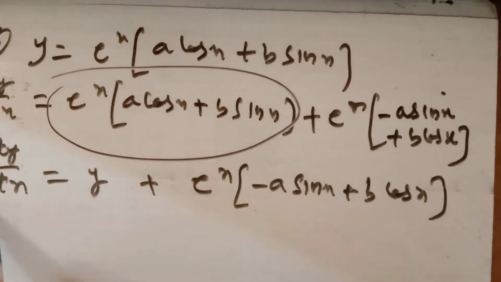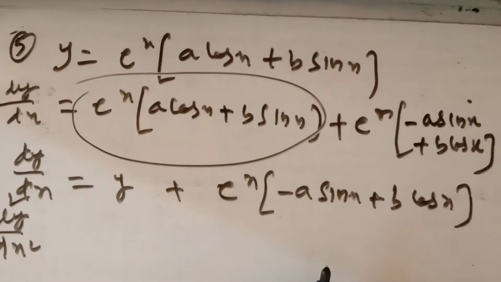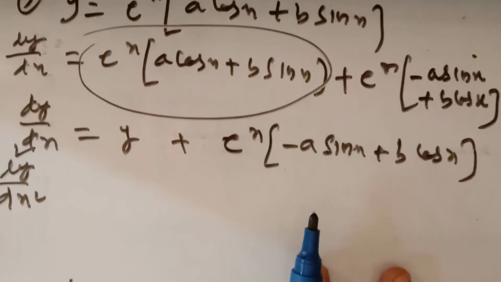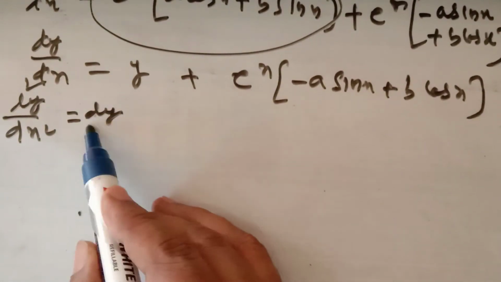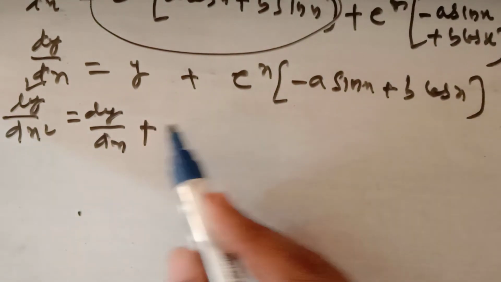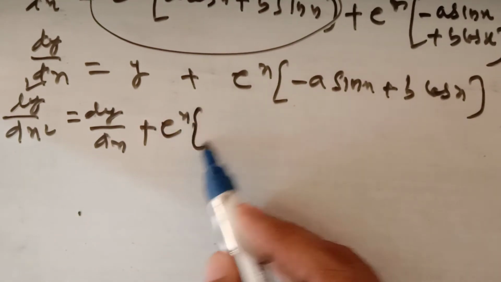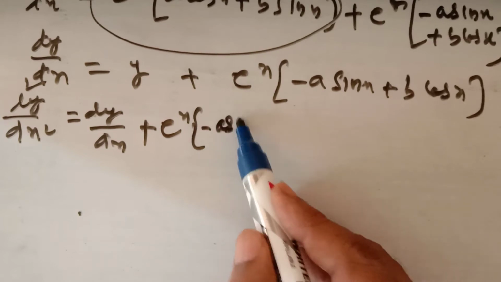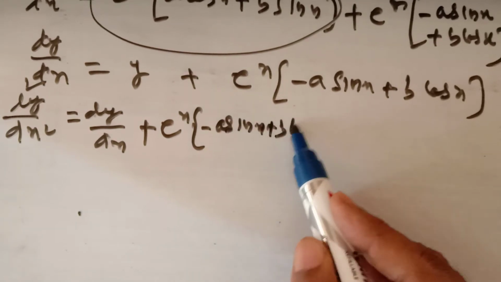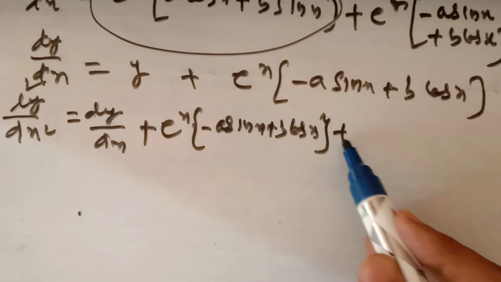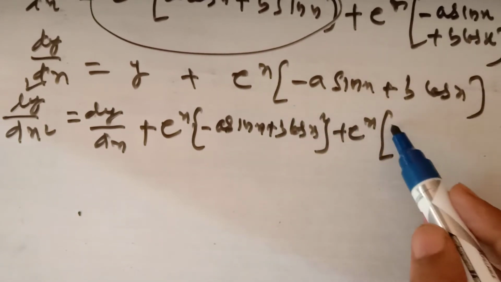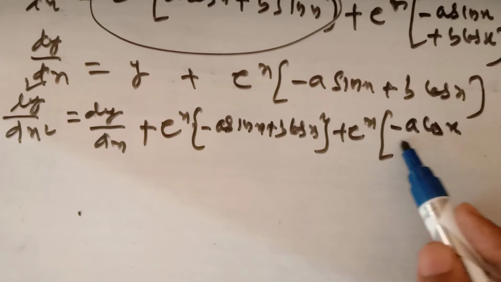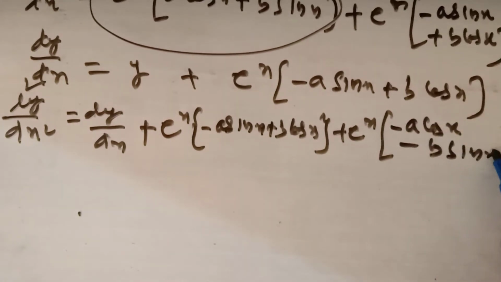Now again differentiate: the second derivative on the left hand side, and on the right hand side the first derivative. Again you have to use the product rule. I have differentiated first e^x(a sin x plus b cos x) and e^x, and the derivative of this will be minus a cos x minus b sin x.